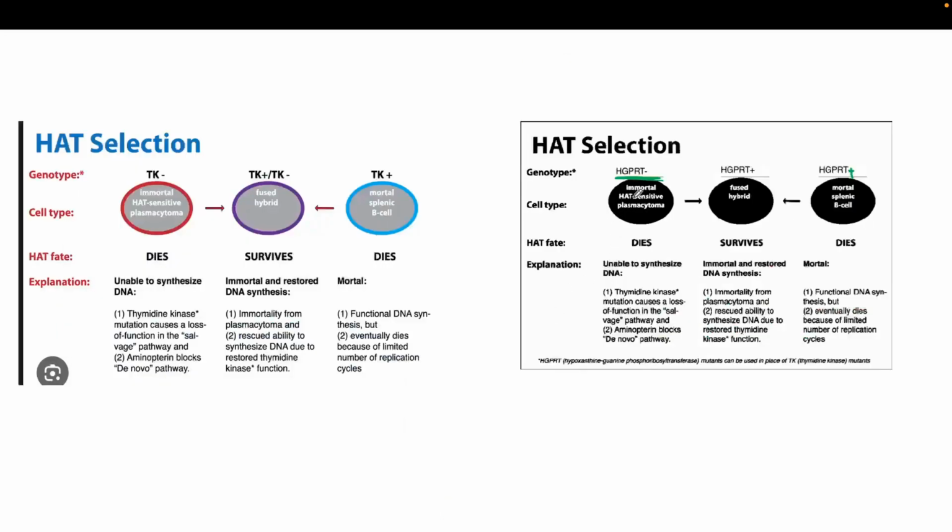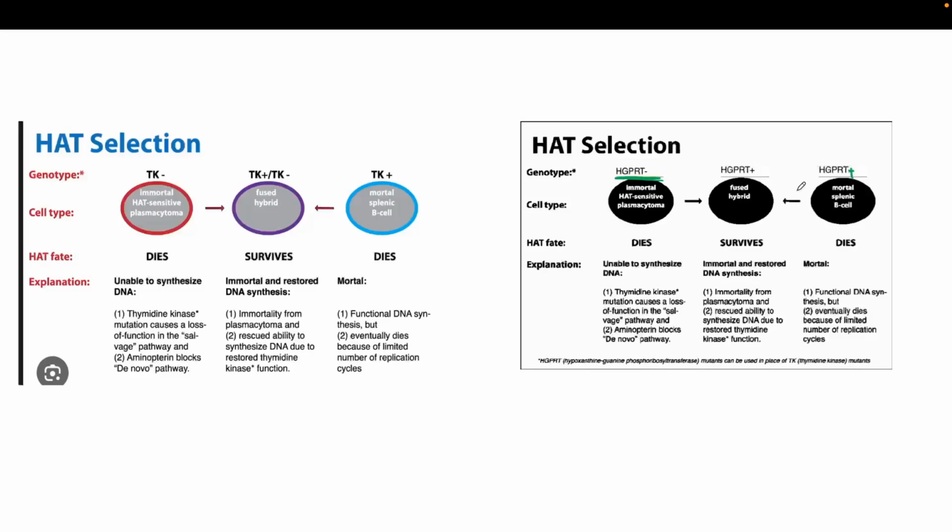If both pathways are blocked, this cancerous cell will not survive. Whereas the B cell has the HGPRT enzyme, so it can survive in the HAT medium. De novo synthesis will be blocked, but its salvage pathway will work and provide the nucleotides.